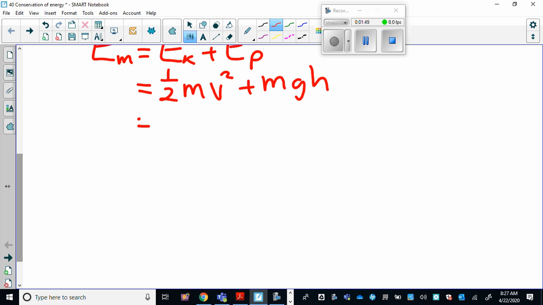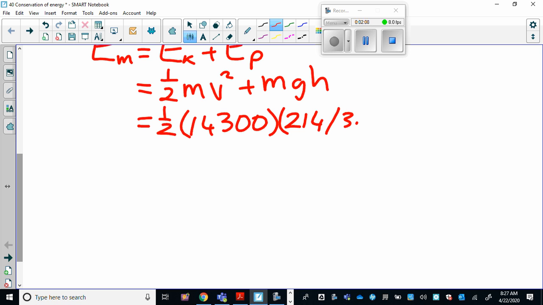We get 14,300. You can factor the m out if you want, but it's probably more hassle than it's worth. 214. Don't forget to divide that by 3.6. And don't forget to square it.